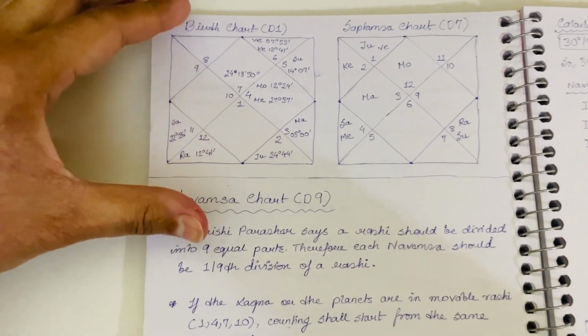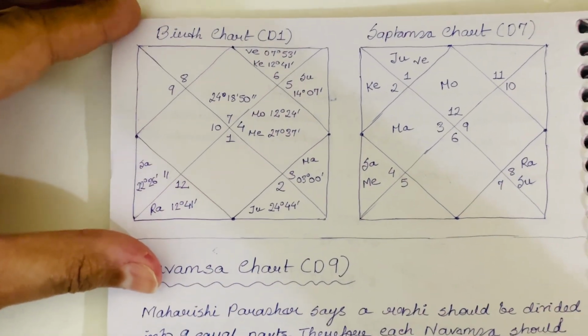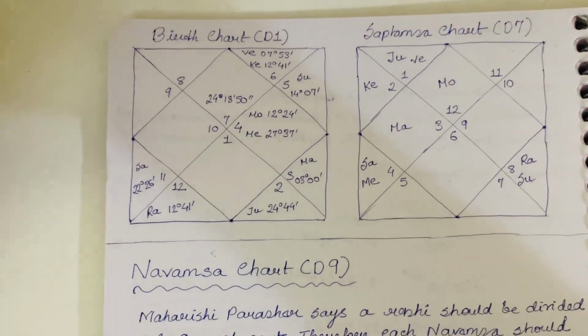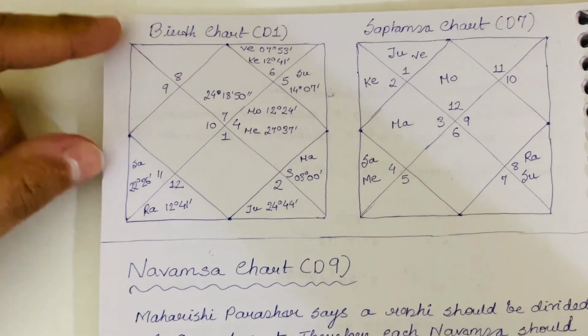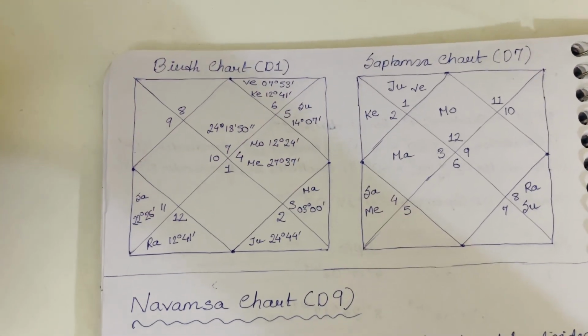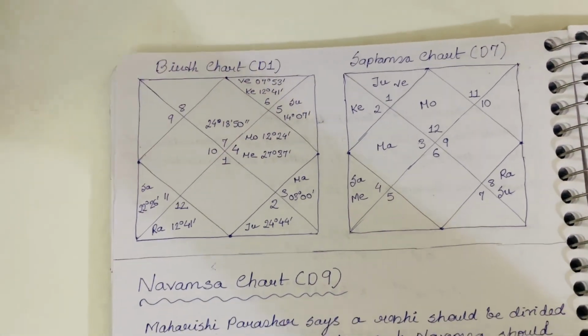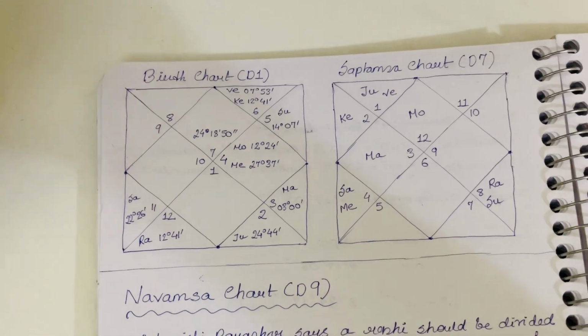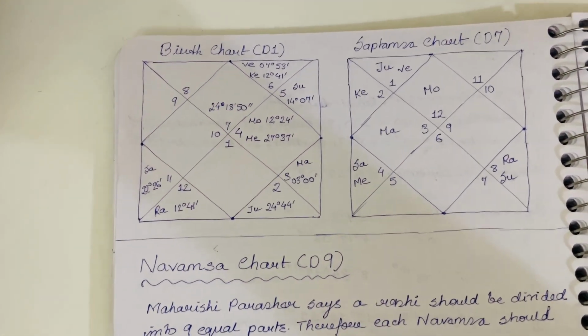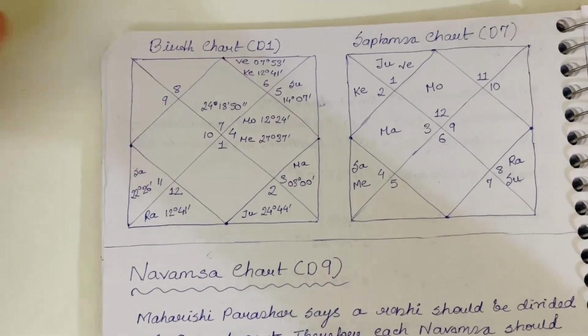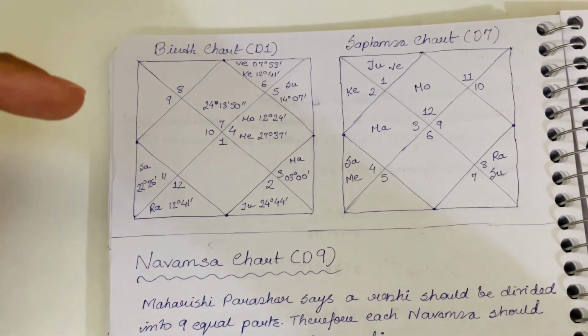Again, the birth chart, the D1 chart that we have taken, is the same chart that we have been using for all the Varga chart calculations. It is the same birth detail that we used when we calculated the planetary alignments and the planetary longitudes using the ratio as well as the logarithm method.